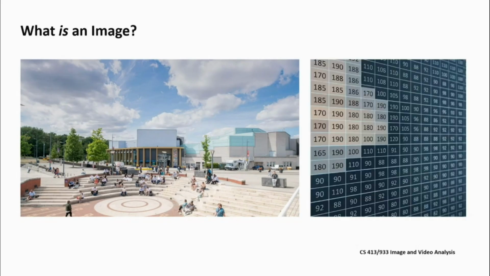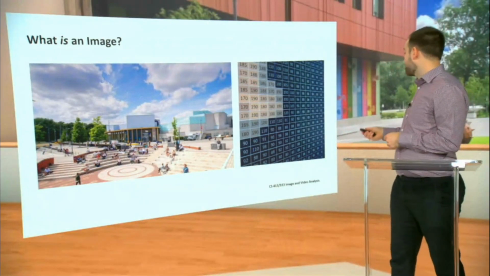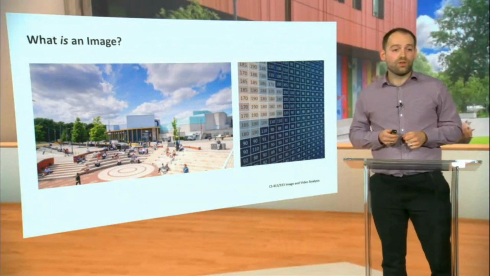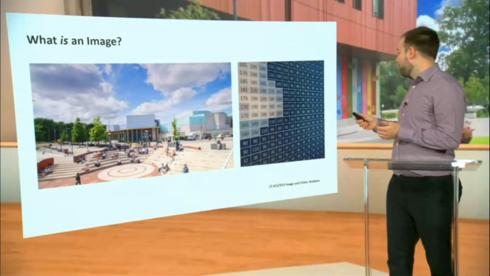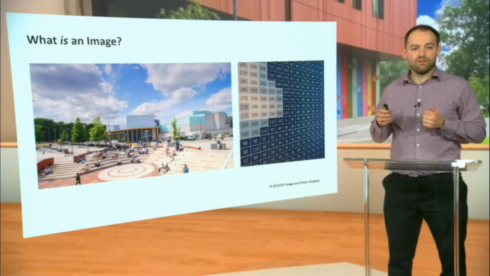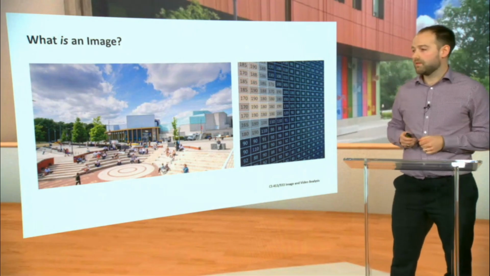Whereas a computer essentially sees this large array of pixel values, this big spreadsheet of pixels ranging from 0, which is black, to 255 generally, which is white. So this module is about teaching you how we take these large amounts of pixel data and turn them into meaningful scenes that computers can understand.